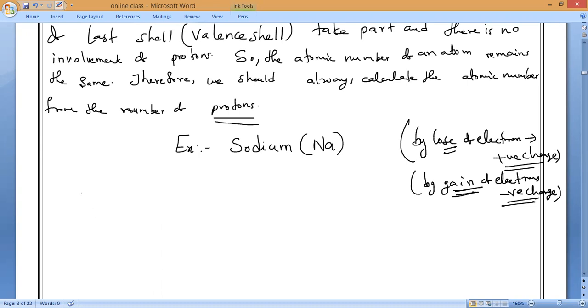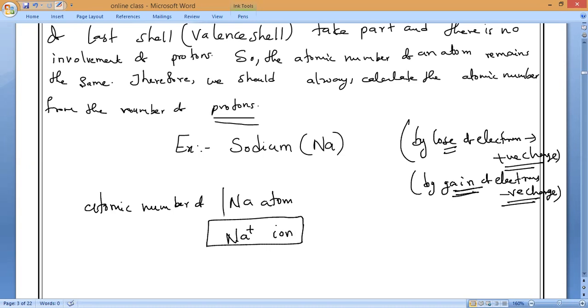So let us compare the atomic number of the sodium atom and the sodium ion. This is the sodium atom and this is the sodium ion. The sodium atom turns into the sodium ion by losing one electron.